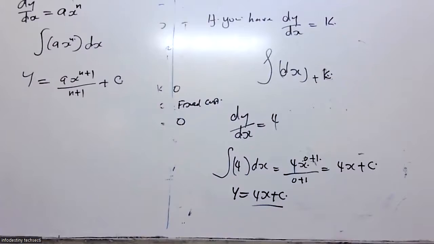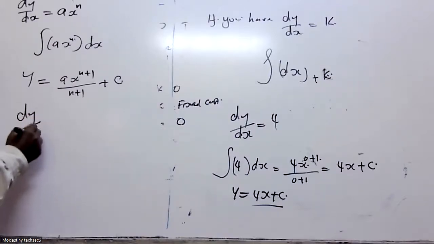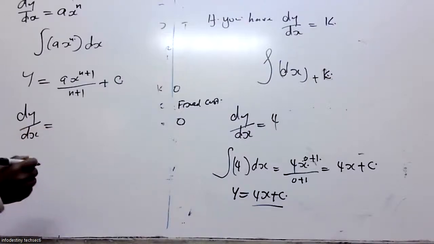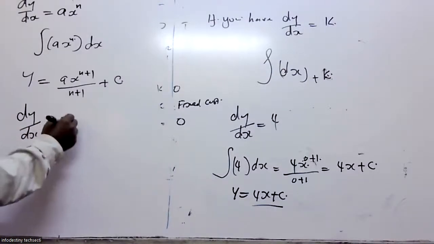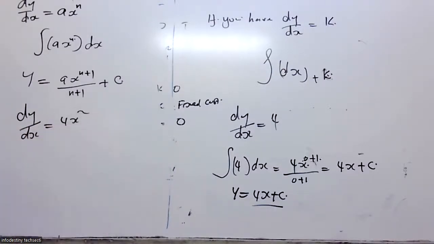So you can integrate the following. Integrate the following: dy over dx equals 4x squared. So what are you going to do?